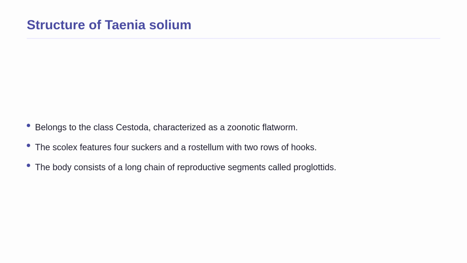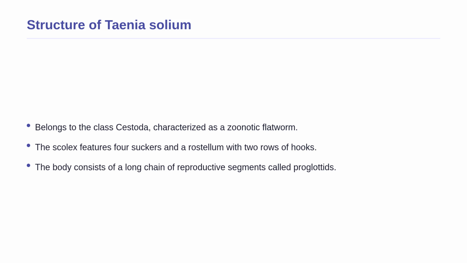Now that we understand its dual nature, let us look at the physical structure of this parasite. Taenia solium is a flatworm belonging to the class Cestoda. To anchor itself in the human intestine, the adult worm uses a specialized head structure called a scolex.